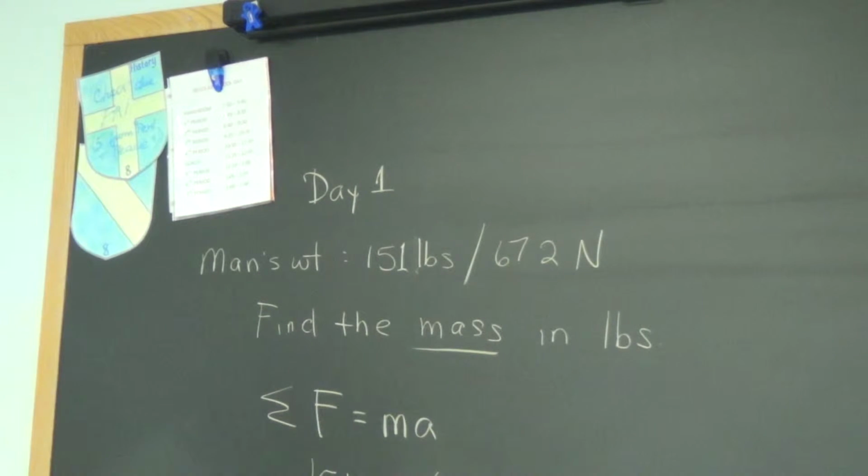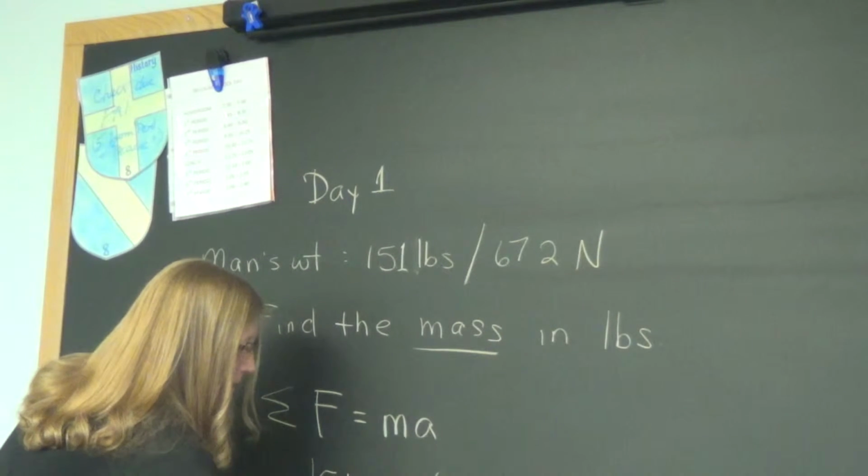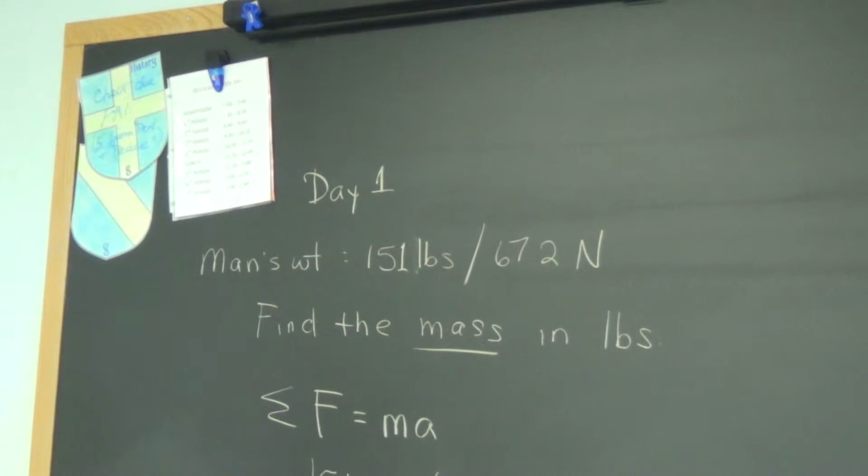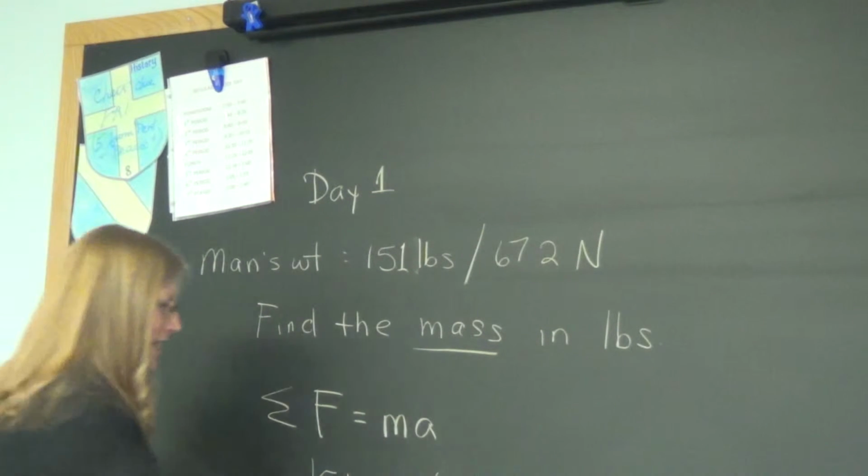All right, Zach, instead, divide 151 by 32. 4.7. All right, and what will be the units? We're looking for mass in English. Remember we already had pounds over here on force. So this is a slug.